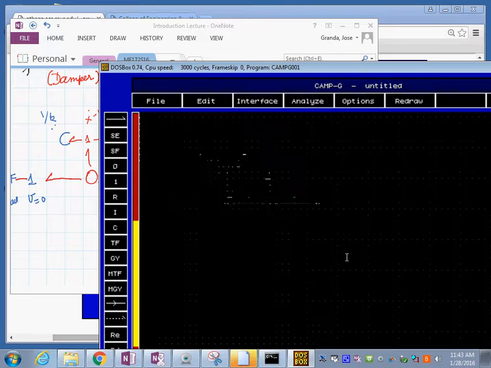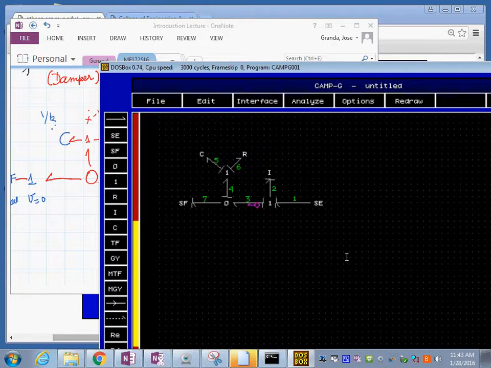We have translated our representation in a graphical form to the computer.